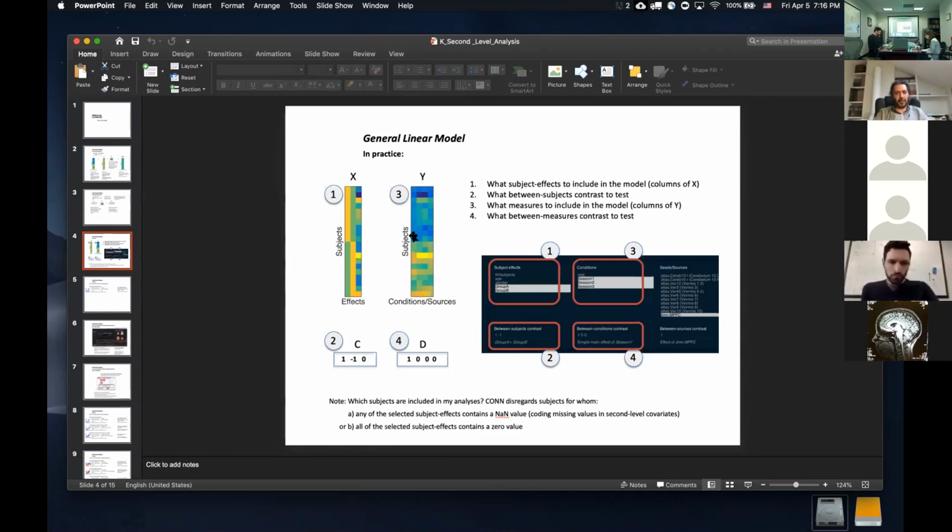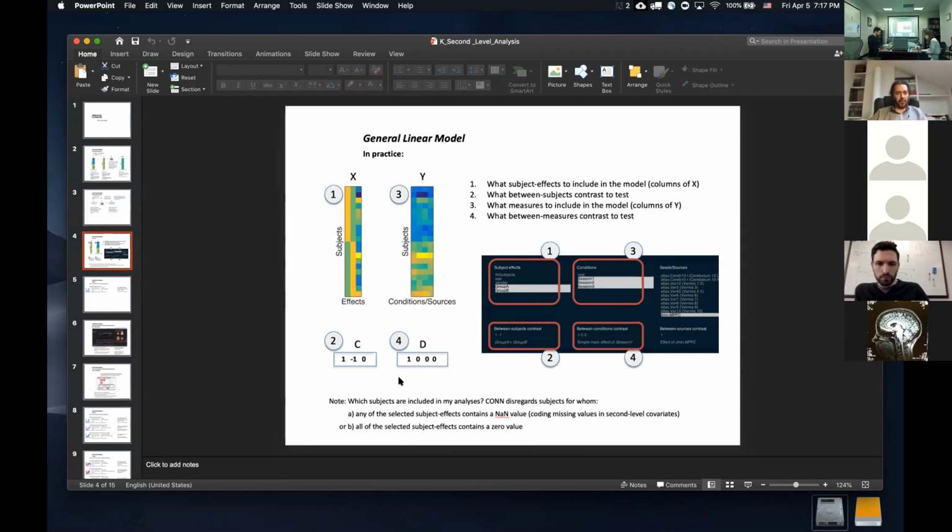So that's the third thing that you specify, the columns of your data. Then you enter again a contrast across those things. This is the within subjects contrast. When you specify 4 different speech conditions that you care about, you have to specify what type of contrast you care about across those 4 conditions. And with those 4 things, you are fully defining your second level analysis.